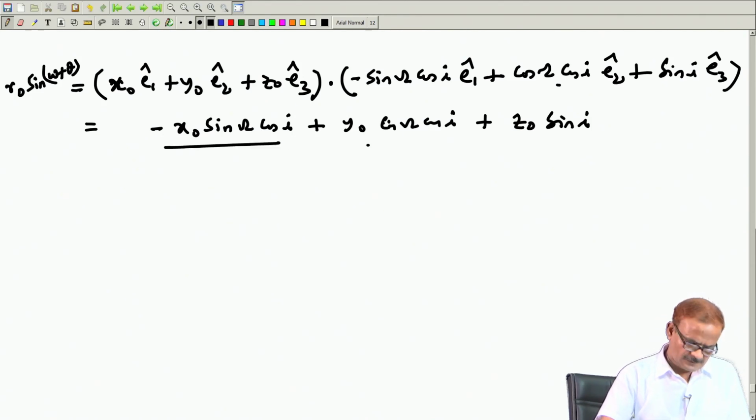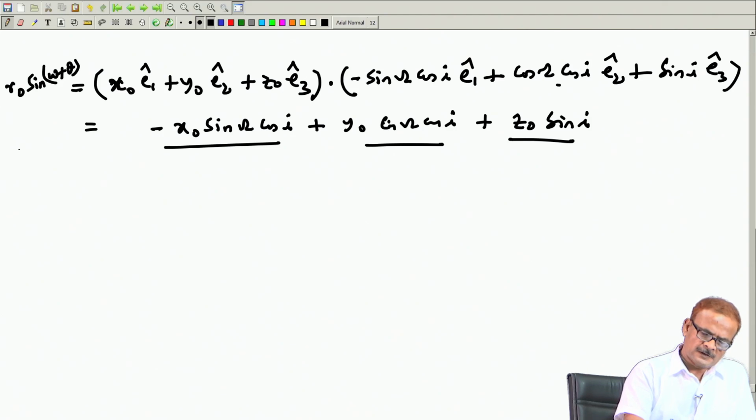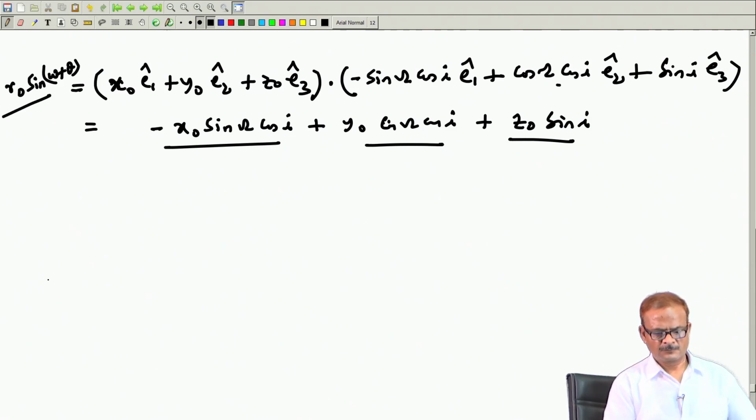Okay, so, these terms are correct. Once we have done this, R 0 sin omega plus theta is available and R 0 cos omega plus theta is also available.